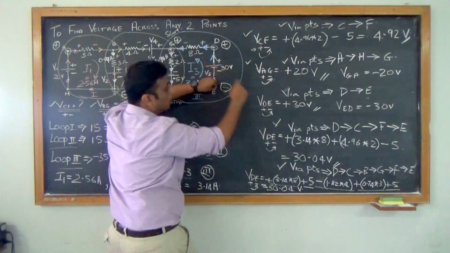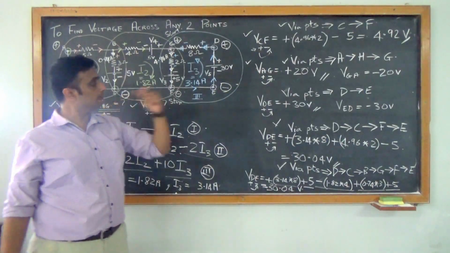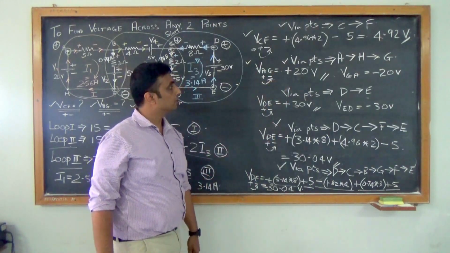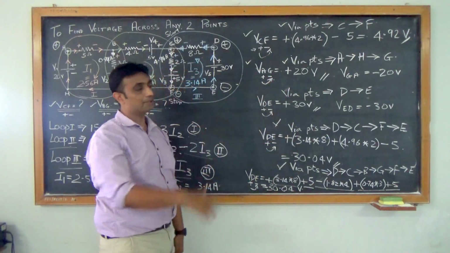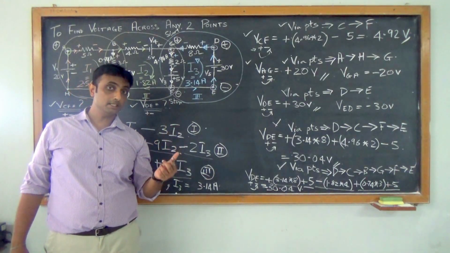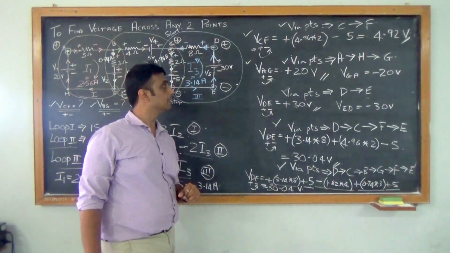So that's why minus 30 volts. So always remember, if your VAG is equal to 20 volts, your VGA will be equal to minus 20 volts. If you change your terminals, your voltage polarities also will change.